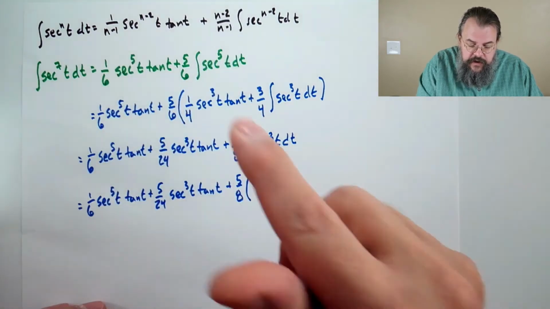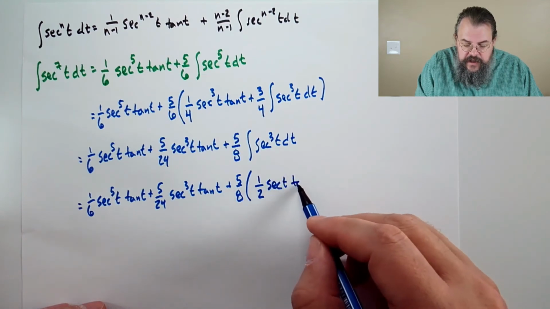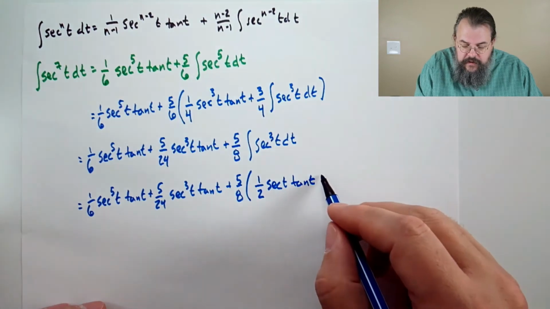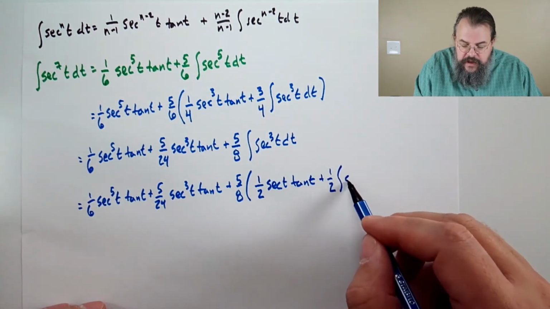Secant to the 3 minus 2 is just secant to the 1 power, tangent t. 3 minus 2 over 3 minus 1 is a half. And then we're going to have the integral of secant.